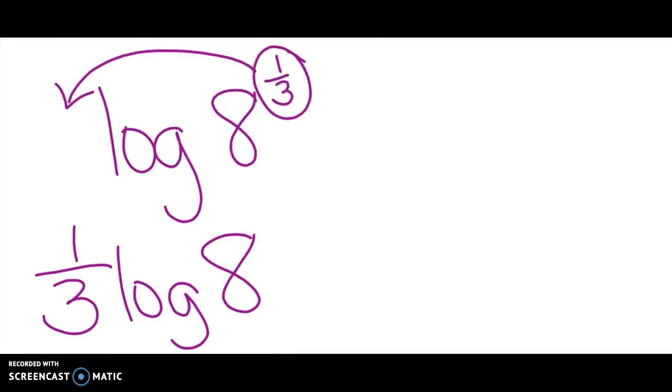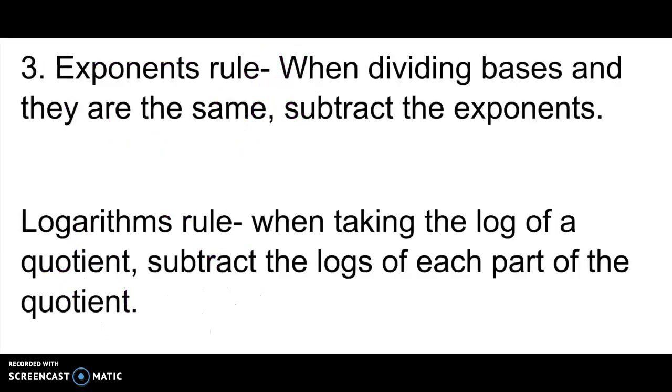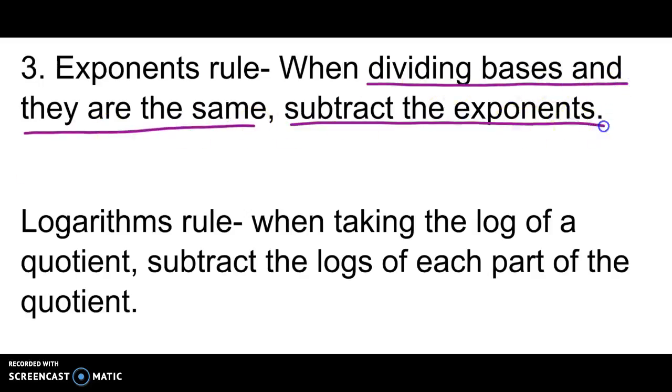All right, so let's play around with another property. The next one says the exponents rule: when you divide your bases and they're the same, you subtract the exponents. So remember, if you had 2 to the 5th over 2 to the 3rd, that's the same as 2 to the 2nd power. All right, so we're going to do the same thing with logarithms.